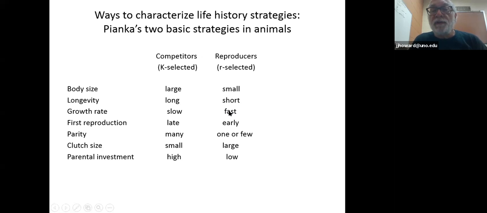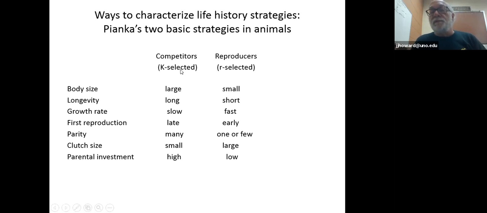And so they're going to grow fast and reproduce early. They'll have small bodies as a result, and short lifespans. They may only reproduce once or maybe a few times, but they're going to have huge numbers of offspring. And those offspring will be tiny, because what determines your fitness in these kinds of populations is whether or not any of your offspring survive at all. And the best way to ensure that is to have huge numbers of small offspring, so that at least a few of them survive.